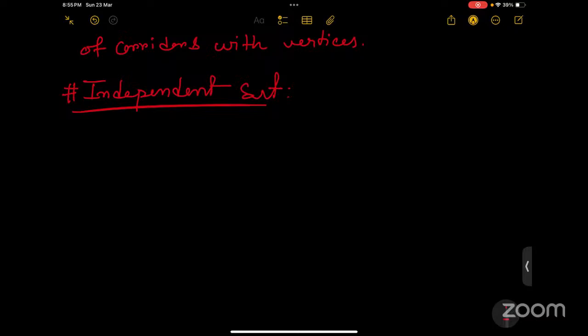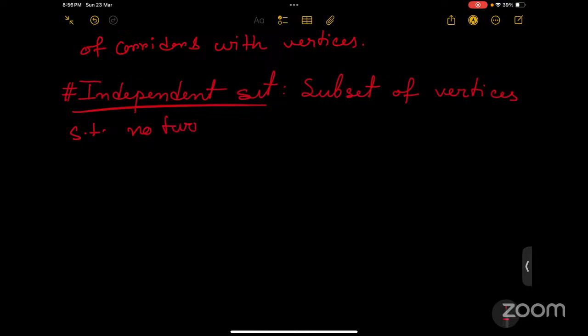So the definition is: a subset of vertices such that no two are connected by an edge.